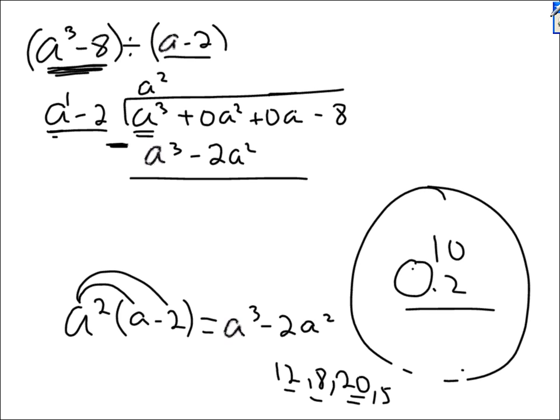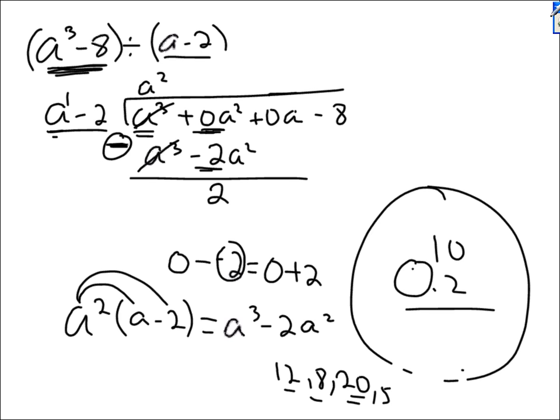It's subtraction. A cubed, take away a cubed is 0. 0a squared, minus negative 2a squared. Well, that's not 0 minus 2, because that's not 2. So if it's not 0 minus 2, it's 0 plus 2, which of course is 2. 2a squared.